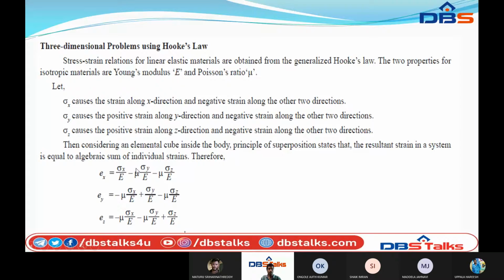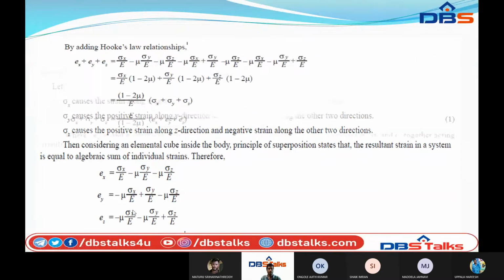That means one is positive, sigma x by E, and the other two are negative strains, minus mu sigma y by E minus mu sigma z by E. Similarly, coming to the strain in the y direction, one positive, sigma y by E, and the other two are negative, minus mu sigma x by E minus mu sigma z by E. Similarly, as Ex and Ey, in Ez also sigma z by E is positive and the other two are negatives.